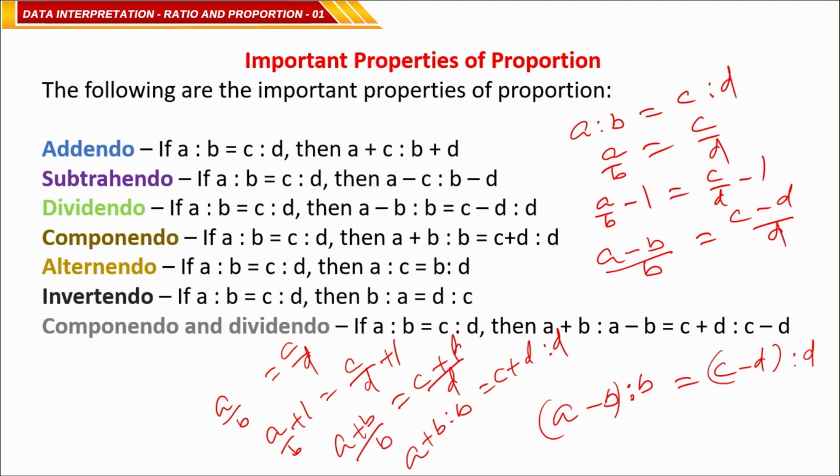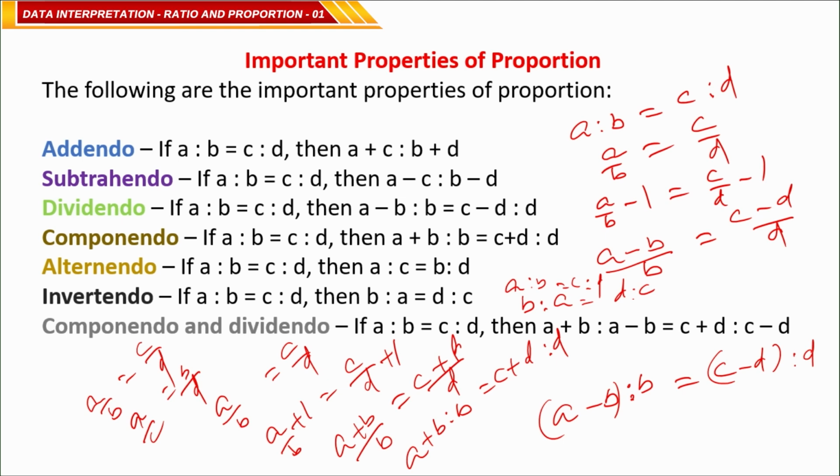This is called componendo. Next, alternando: when A is to B is equal to C is to D, meaning A by B is equal to C by D, then you can say A by C is equal to B by D. This is called alternando. Invertendo means you are taking the reciprocal. A is to B is equal to C is to D, then inverse means B is to A is equal to D is to C.